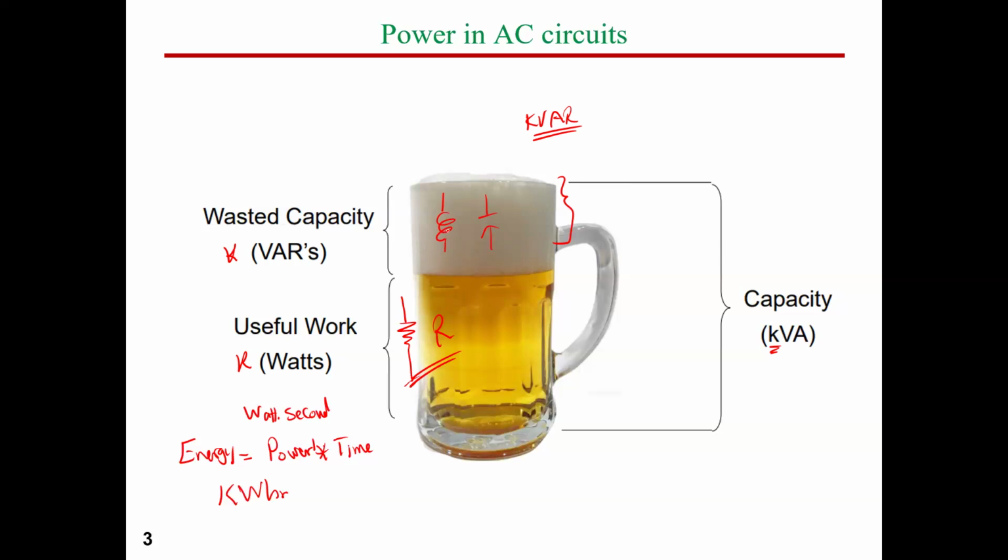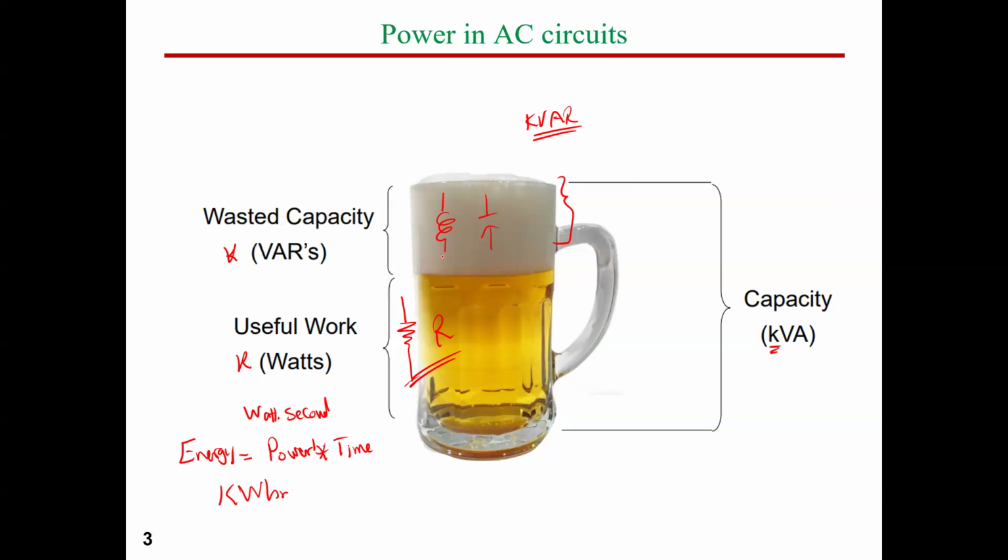Inductance takes reactive power and capacitance delivers reactive power. So this means in your circuit, if you have inductive reactance and capacitive reactance, one will take reactive power and the other one will deliver reactive power.